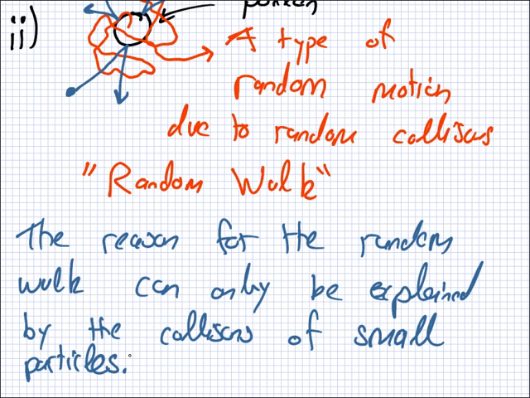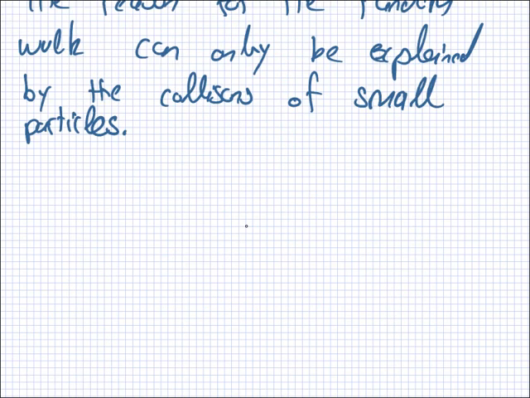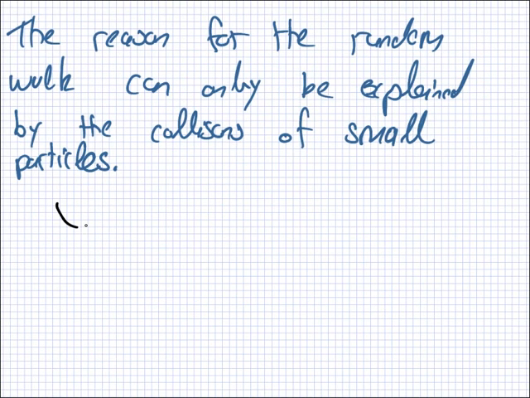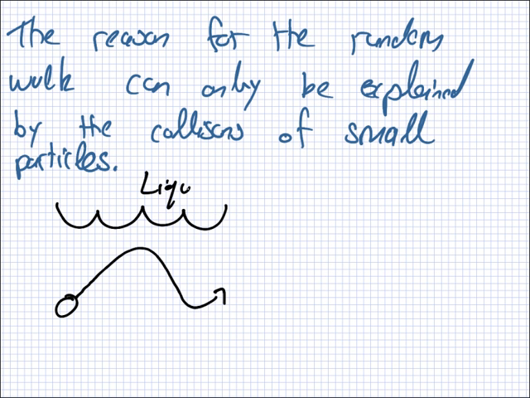I'll try and explain. If you were looking at something in water, if I can draw here, you would see it move, maybe it goes up, or maybe it goes down, or maybe it goes like this, because water is a liquid. Now if you zoom in to something really small inside the liquid, instead of moving like this, it'll move like this.